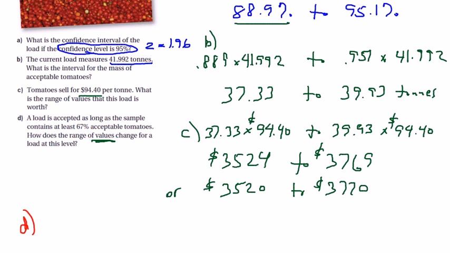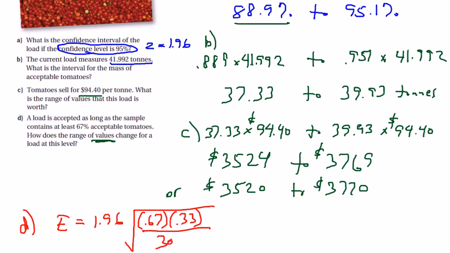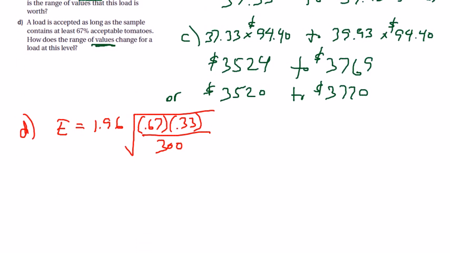That's better. So now we're going to do E is equal to, again, 1.96. It's still a 95% confidence interval. But now we're going to do the square root of 0.67 times its complement, which is 0.33, divided by a sample size of 300.